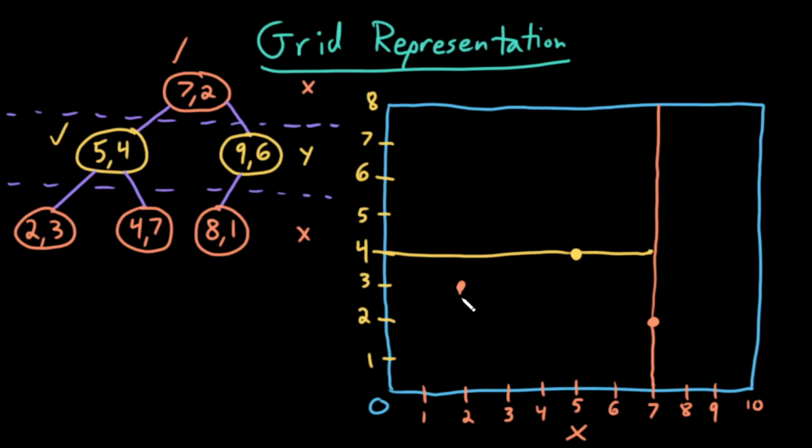And similarly here, given that I was less than x equals 7, so I'm just going to actually circle this for clarity, less than x equals 7, given that I was greater than y equals 4, for 7 is this point.